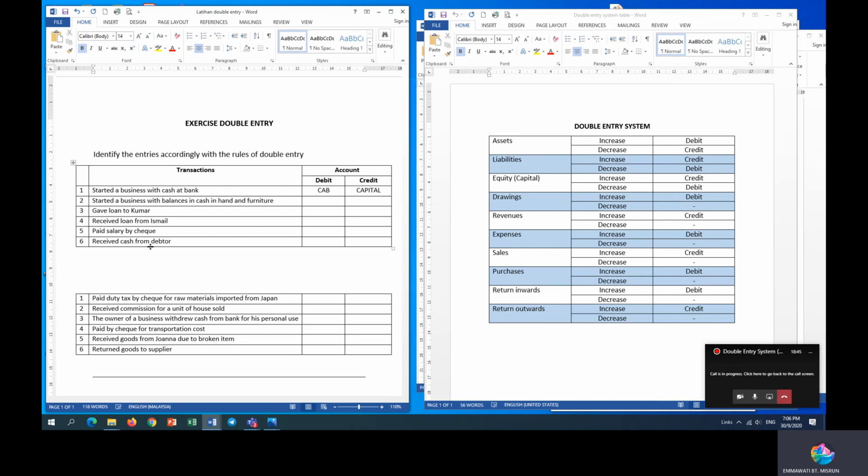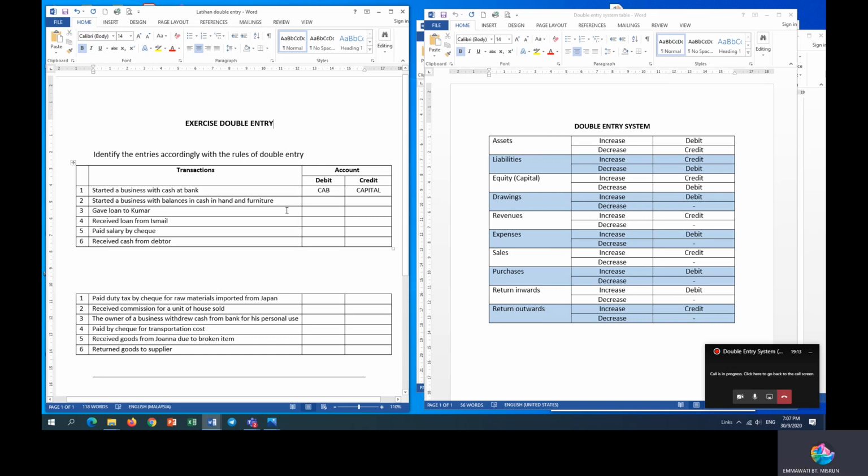Let's start with the first 10 sections. But before that, let's look at the requirement of the exercise: identify the entries accordingly with the rules of double entry system.